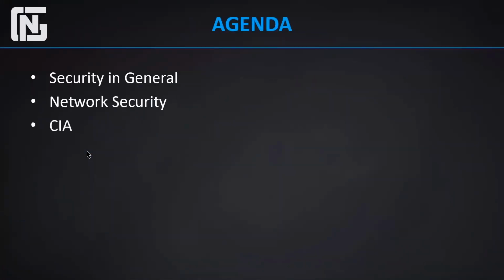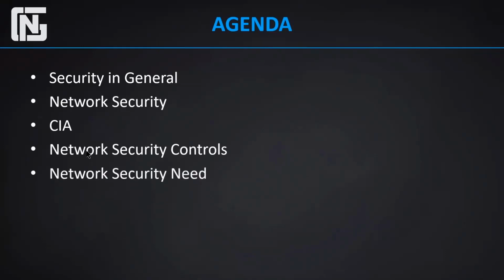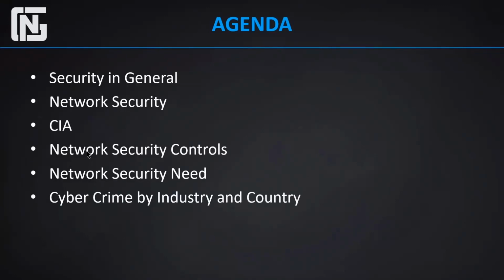Then we'll talk about CIA, confidentiality, integrity, and availability, which is basically the goal of network security. Then we'll talk about some of the controls which are needed for network security. Then we'll look into network security need, why it's really important in today's world. Then we'll look into cyber crimes by industry and country over the course of the last few years. And finally, we'll review some of the types of network securities.